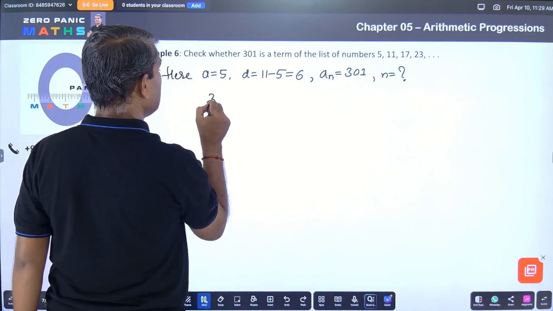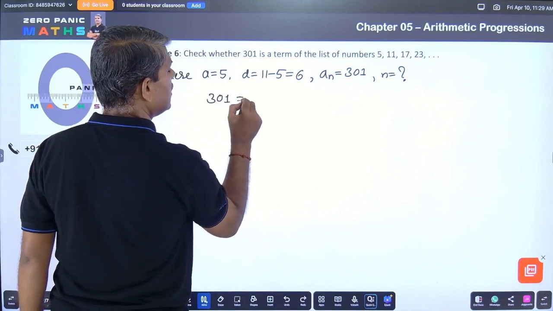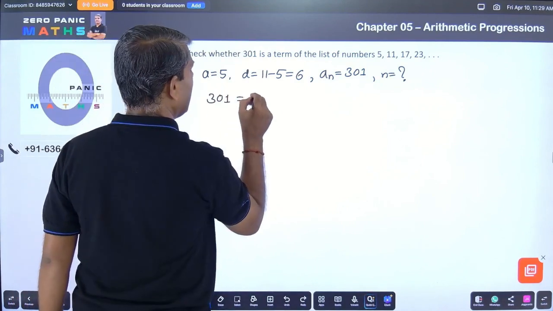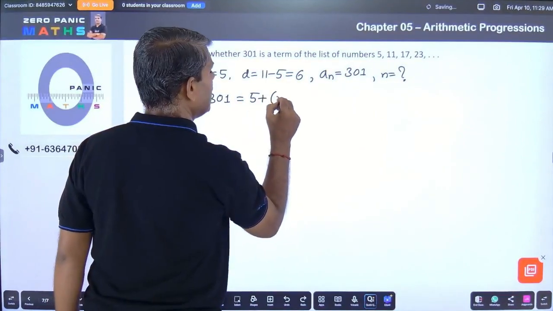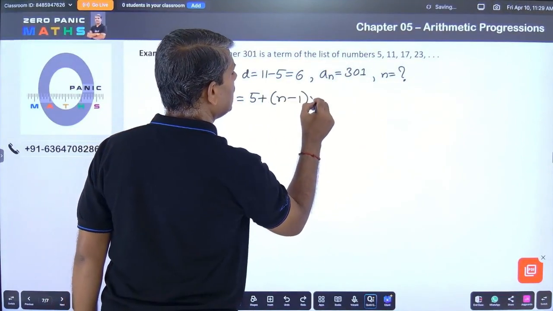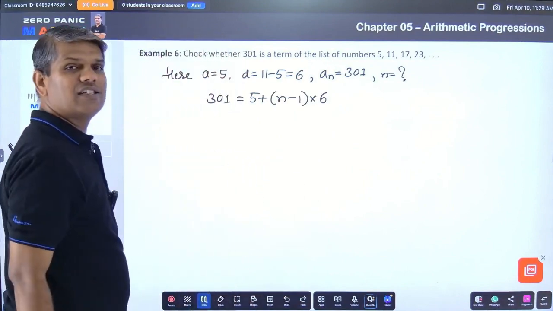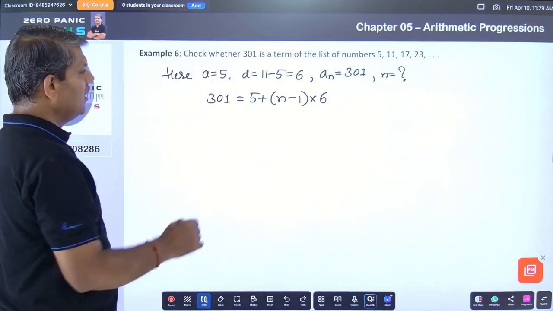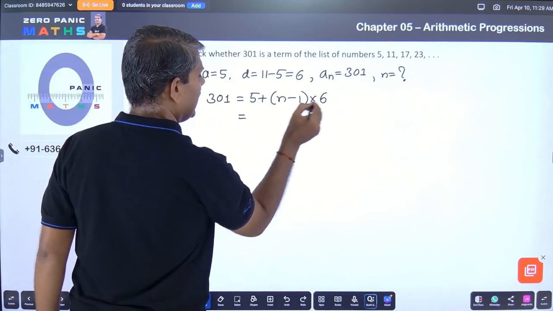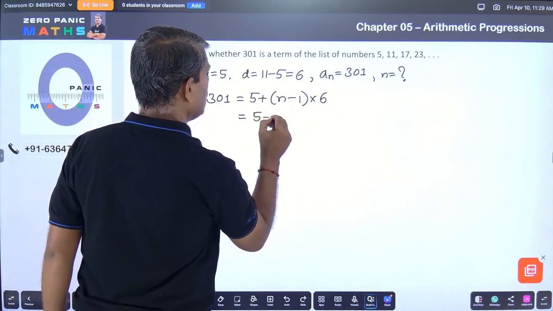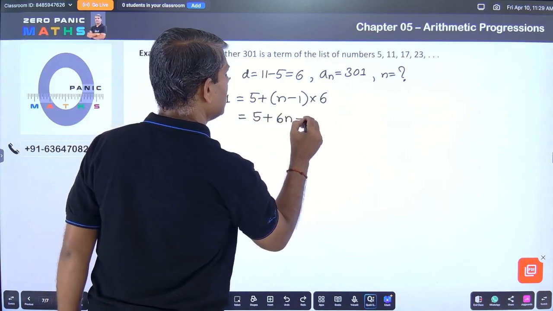What is an? a plus n minus 1 into d. What is d? It is 6 for us. Correct? Let us extend this. 5 plus 6n minus 6.